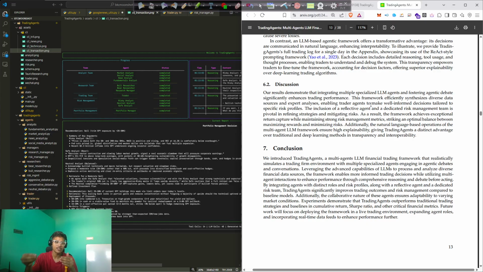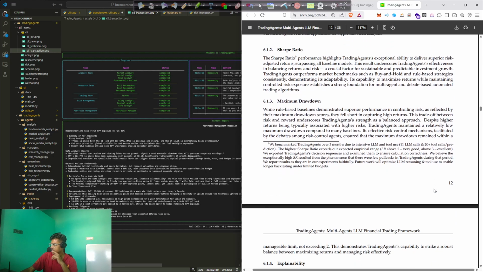If you are satisfied with its answer, then you can actually rely on this LLM's response to suggest your trading decisions, right? And what they have done in this paper is combining all these different agents. There are like 20 different agent calls. Hang on, see, 20 plus tools, 11 LLM calls, and 20 plus tool calls per prediction.